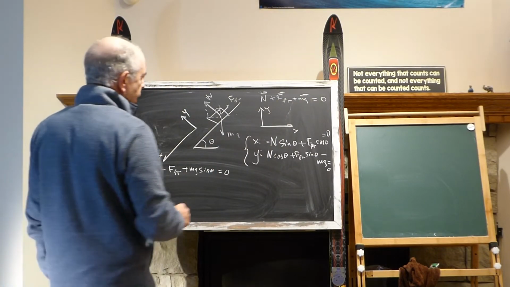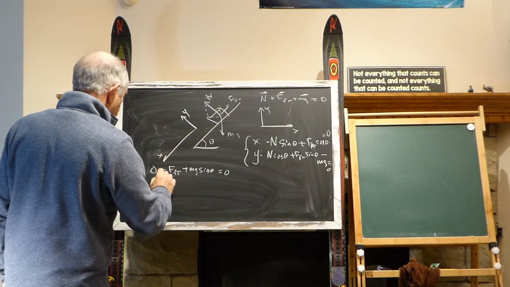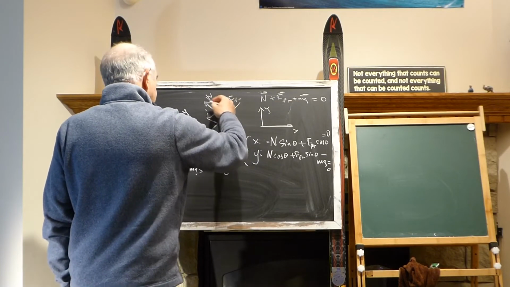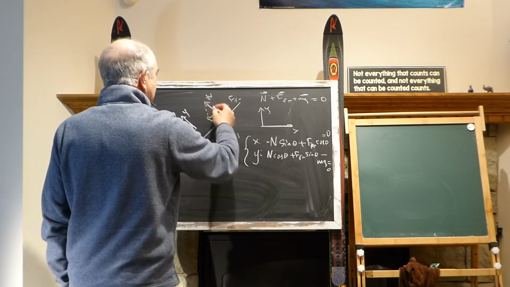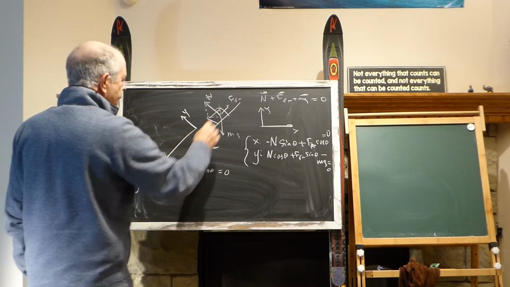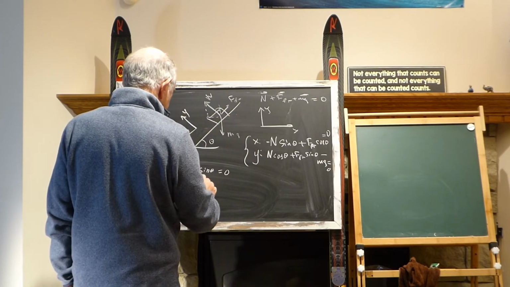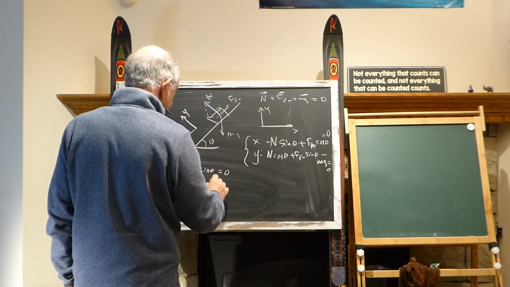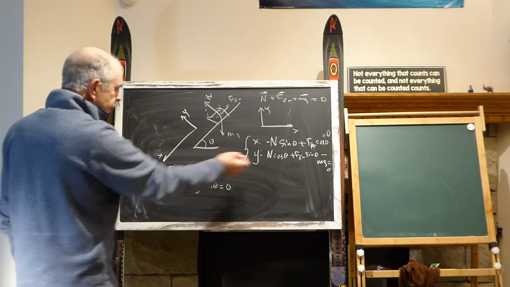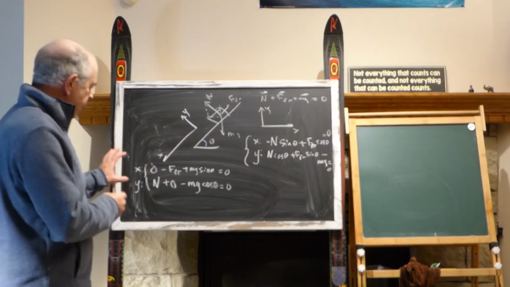Y: the projection of N on y would be N full. F friction has no component along this axis, so it would be plus 0. And then mg this way, so it will come with minus mg cosine theta equals 0. It would be a slightly different system, but trust me, it would be absolutely the same solution.